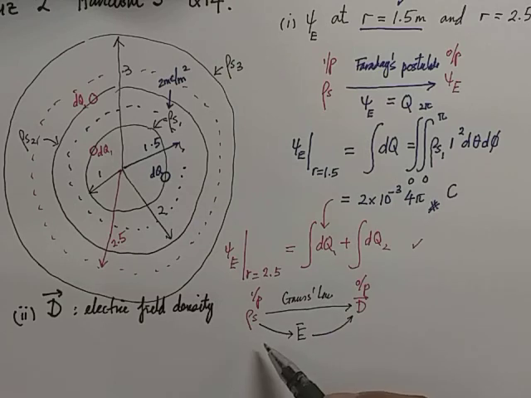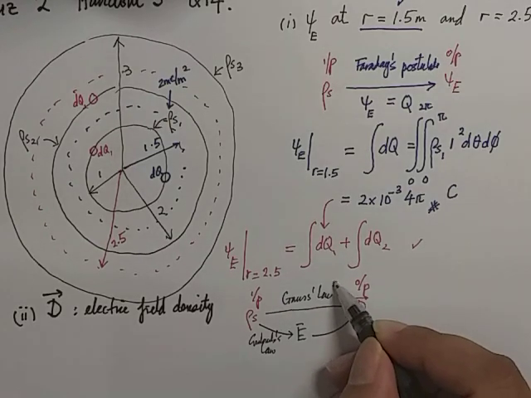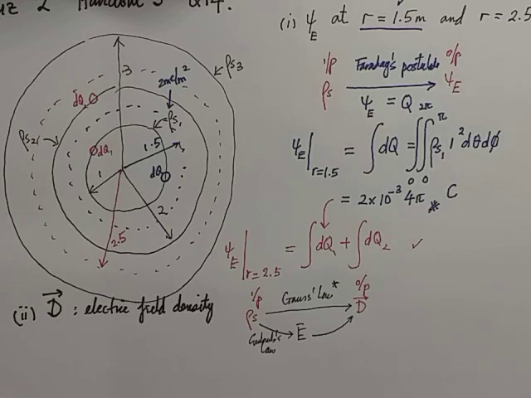So finding E from rho s, we can use Coulomb's law. But given a chance, we would like to use Gauss law. So Gauss law is much preferred compared to Coulomb's law because it's easier. But Gauss law can only be used in certain conditions, and looking at the source distribution in this problem, we can use Gauss law. So therefore Gauss law can be used for this particular problem.